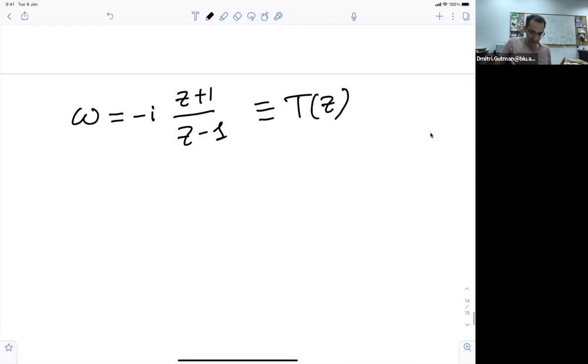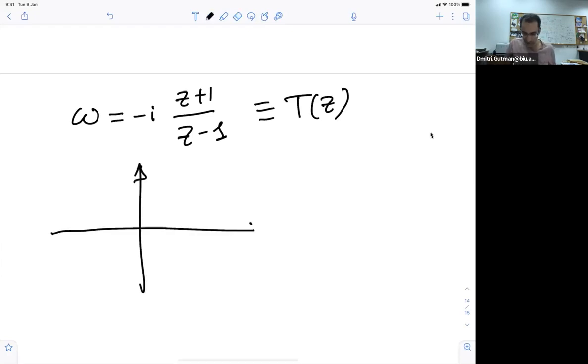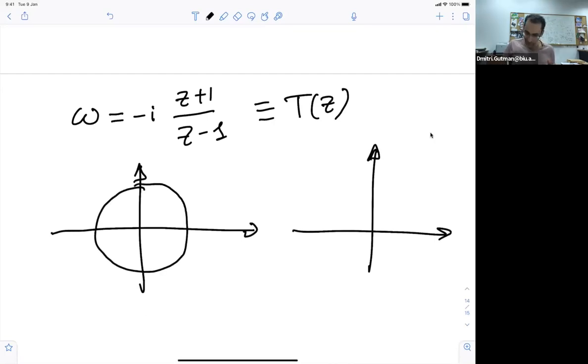And what this map does, it sends the unit circle onto a straight line. So if I have a unit circle here, I'll get a straight line, and moreover, this part of the unit circle, let me use a different color, this part of the unit circle, where the function has a finite support equal to 1, will be sent onto these parts.